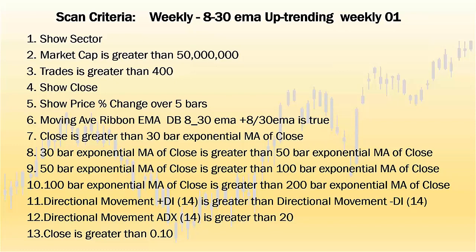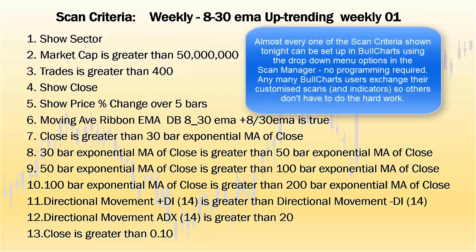I find building the scan up is something you've got to play with. In the scan dialog box, you just look for a moving average ribbon, number 6. I call it D after Des, 8:30. I copied his and made it an 8:30, and I simply say 8:30 EMA is true.